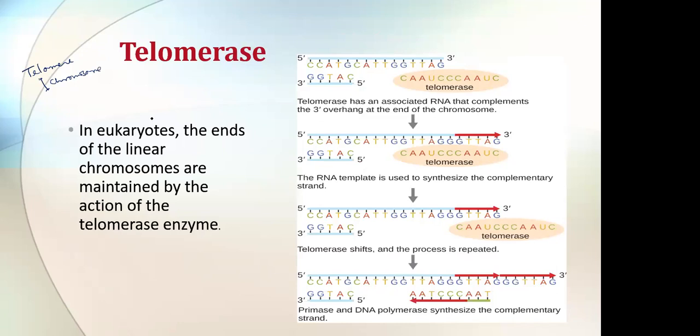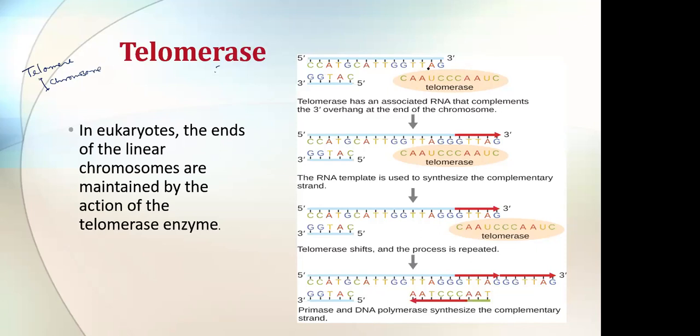So if it breaks during replication, then we are going to lose all the genetic information. To avoid that, we have the telomerase enzyme. So what does the telomerase enzyme actually do?